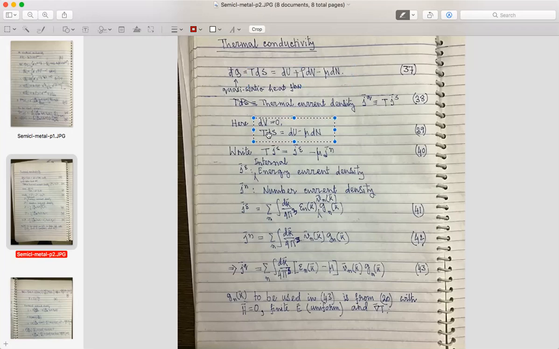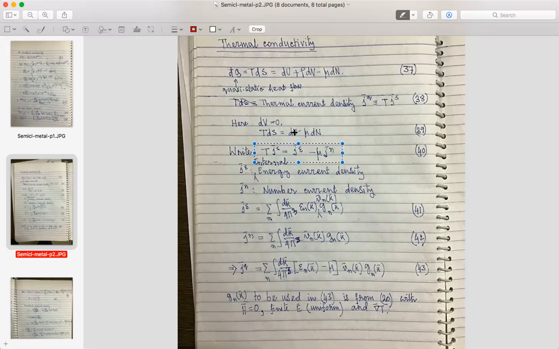So T JS will be equal to J epsilon, which is the energy current, internal energy of the electrons, minus mu Jn, where Jn is the number current, simply the number of electrons flowing, or that current density.